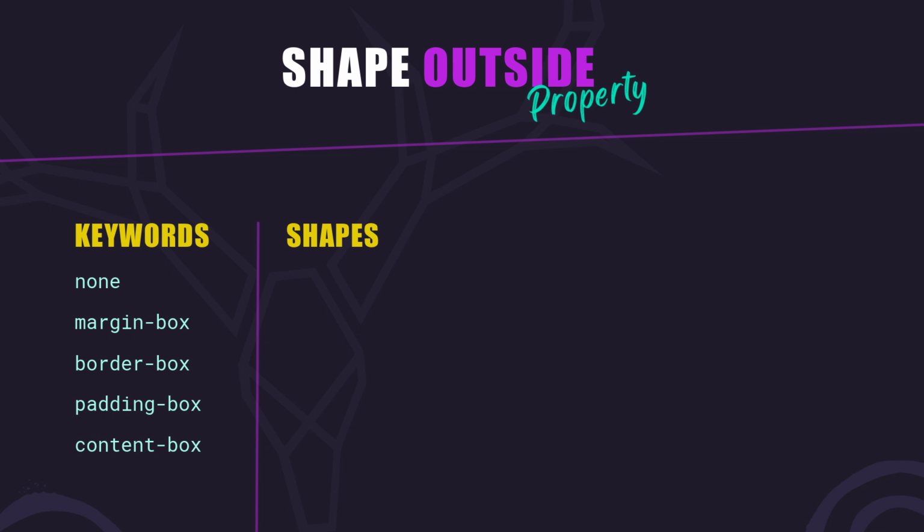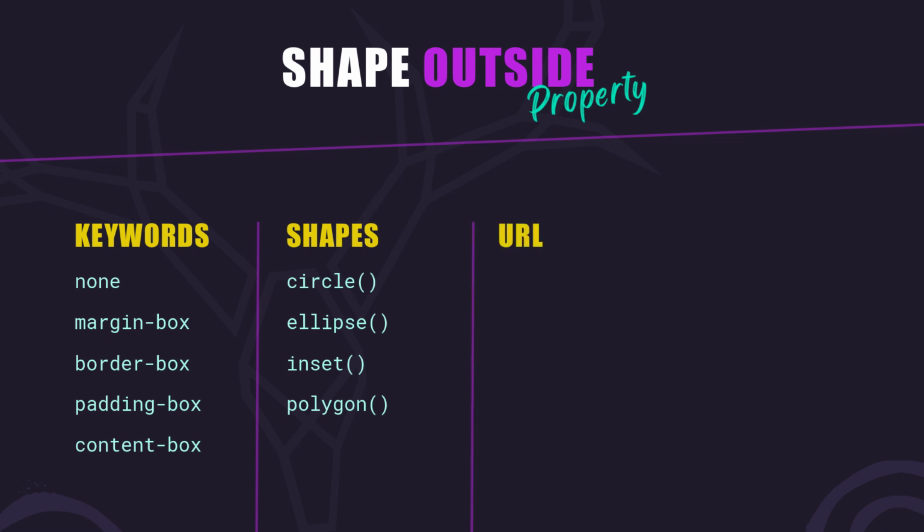Next, we have basic shape values, which refer to basic shape functions in CSS. These values are circle, ellipse, inset, and polygon. Then there are URL values, which are based off of the URL for a given image. And finally, we have some global values. And these values are initial, inherit, and unset.